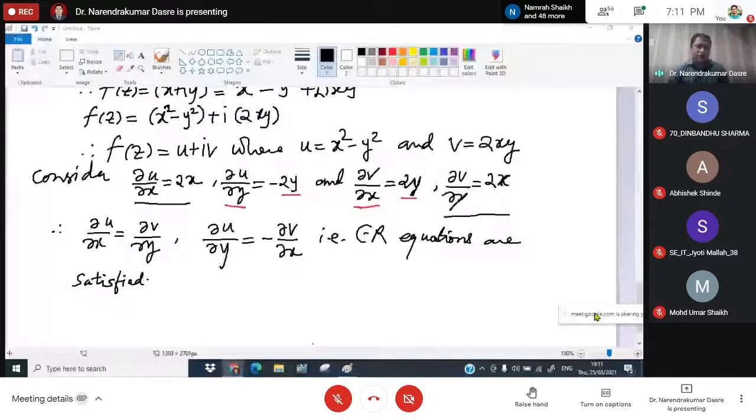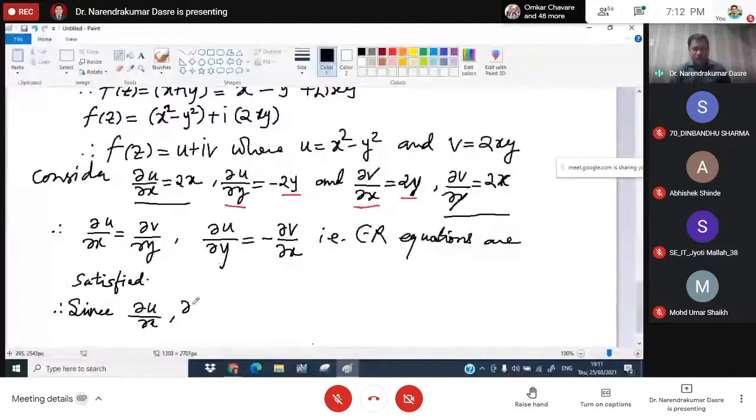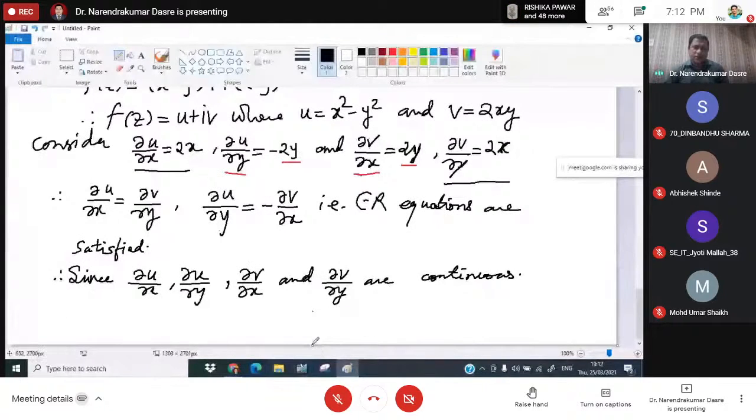So we claim here, since ∂u/∂x, ∂u/∂y, ∂v/∂x, and ∂v/∂y are continuous, once you know that they satisfy the CR equations and they are continuous, then by the necessary and sufficient condition, this function is going to be analytic.